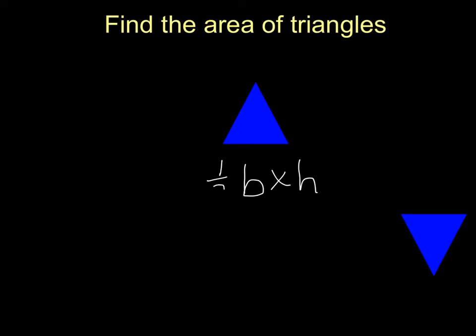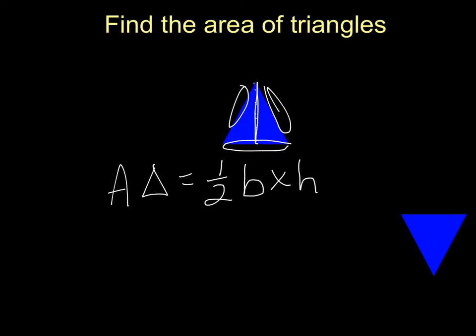So my formula for the area of a triangle is 1/2 of the base times the height. Now remember, again, the height is straight up and down, so we need that measurement right here. We don't use this measurement or this measurement. Here's our base right there, and our height would be right here.